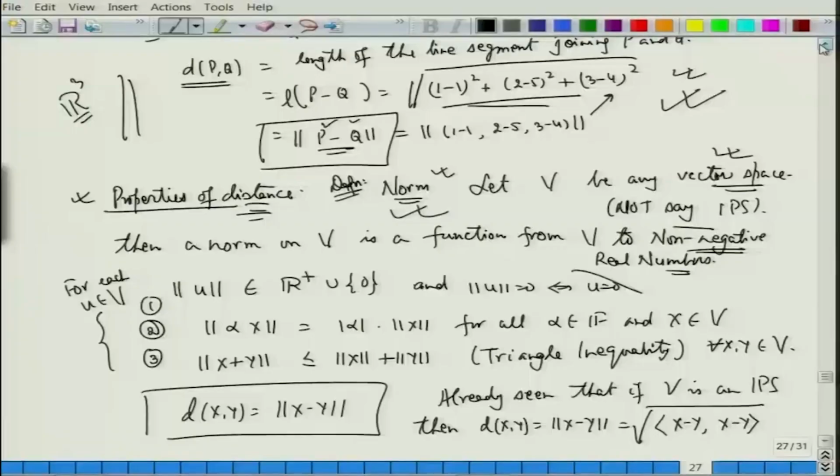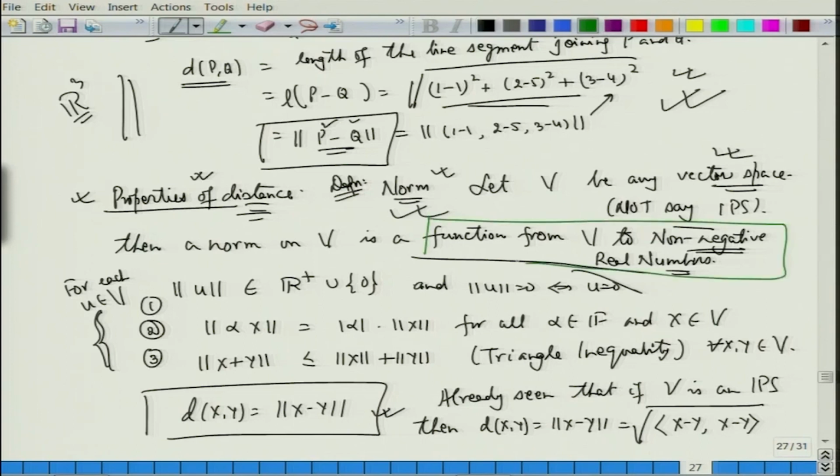So let us go back and try to understand what we are talking about. There should be a distance, and the distance basically comes from the norm. I would like you to see that this is a continuous function, the function from V to the non-negative real numbers.